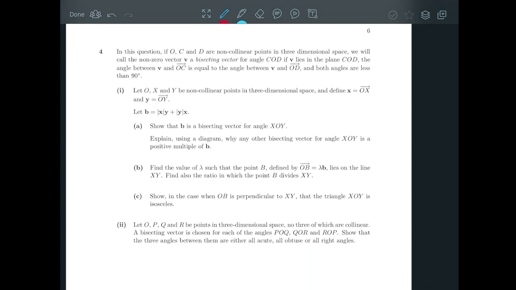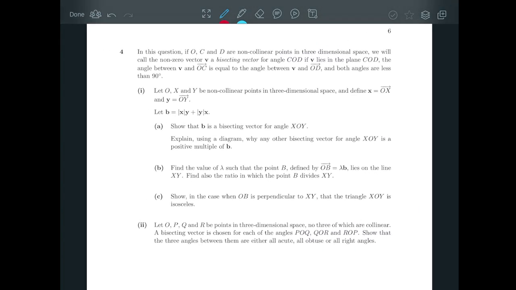Question 4. Okay, this is now vector geometry. We have, now this kind of balances between two of them. This is vector geometry, so I'd try to avoid it, but it's also got a definition of a new idea, an unseen concept, and the whole thing's about using this unseen concept in some clever way.